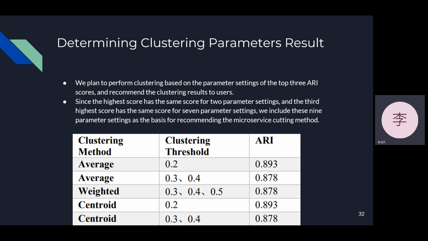We plan to perform clustering based on the parameter settings of the top 3 ARI scores and recommend the clustering result to the users. Because the highest score has the same score for 2 parameter settings, and the third highest score has the same score for 7 parameter settings, we include these 9 parameter settings as the basis for recommending the microservice cutting method.